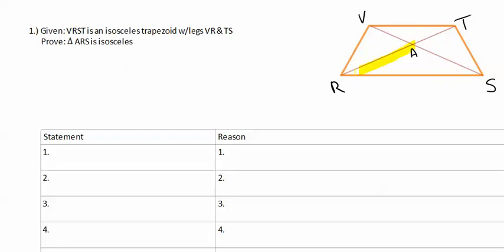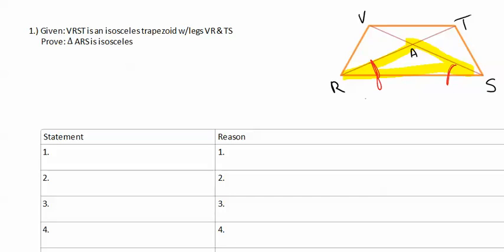So looking at ARS right here, to be isosceles, a good guess would be that AR and AS would be congruent, or this angle down here would be congruent to this angle down here. Now, based on what we just saw about the properties of an isosceles trapezoid, none of those properties directly give us that conclusion.